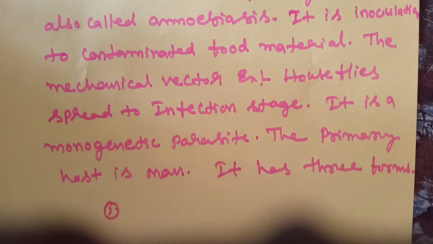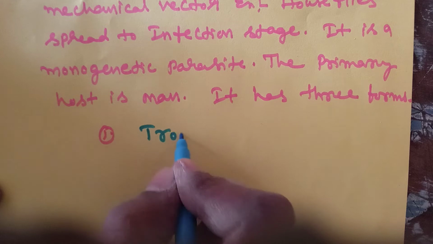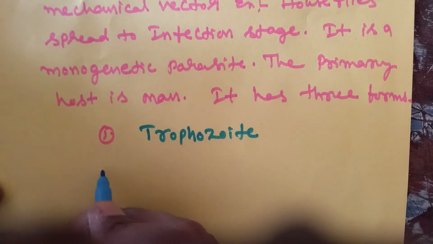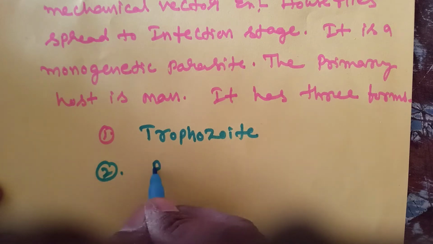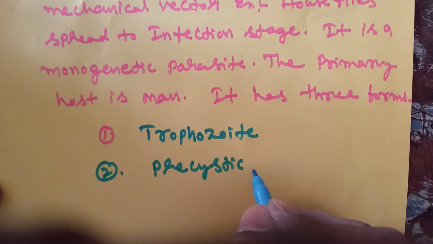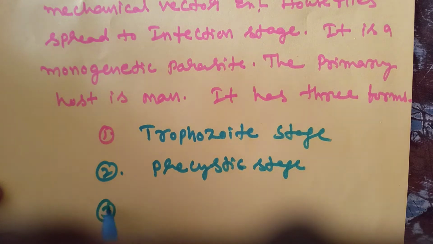One is the trophozoite form. Second is the pre-cystic stage. Third is the cystic stage.